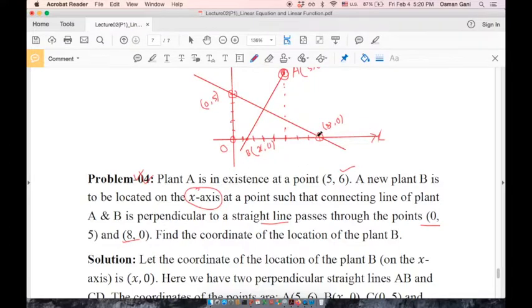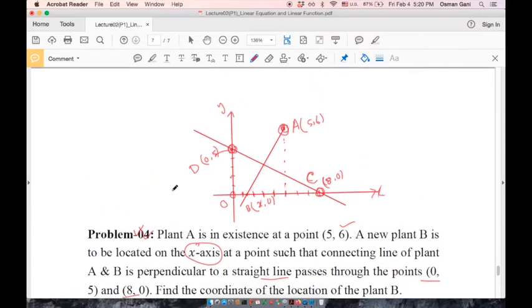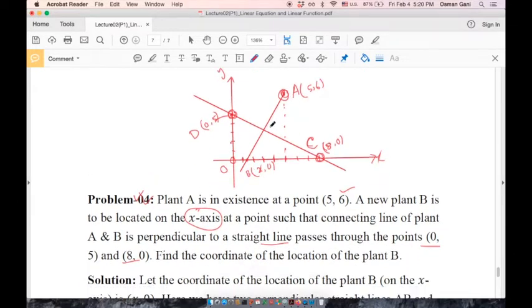So this is the line. Let's say (0, 5) and (8, 0) are these points. Let us denote this point by C, and this point by D. So the question tells us AB is perpendicular to the line CD.